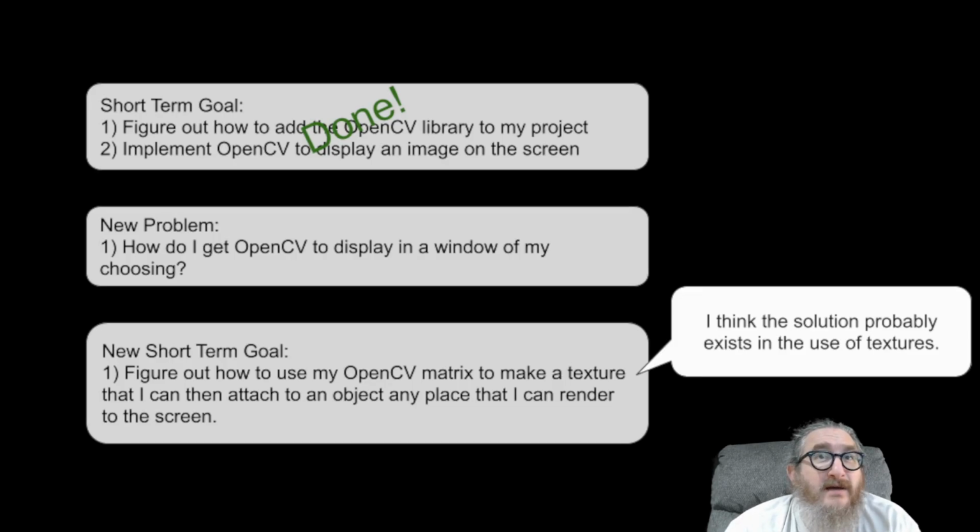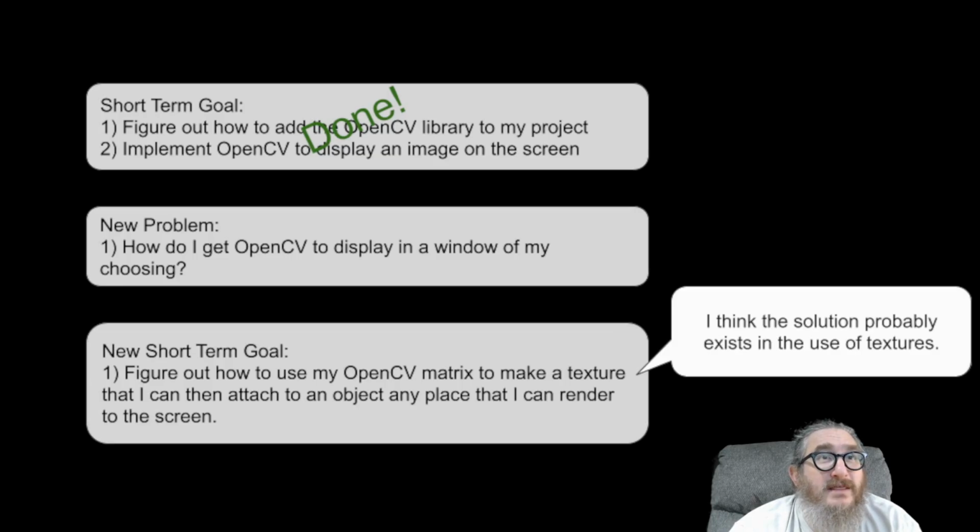I think after looking around a little bit, the solution is going to be in textures. So if I can take that image that I imported through OpenCV and convert it to a texture, then I can pass that texture into the rendering pipeline, because we know how to do that through the Hazel game engine.